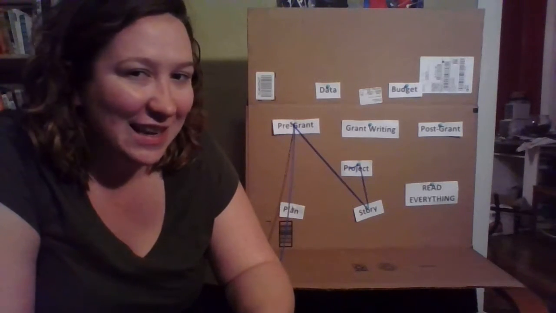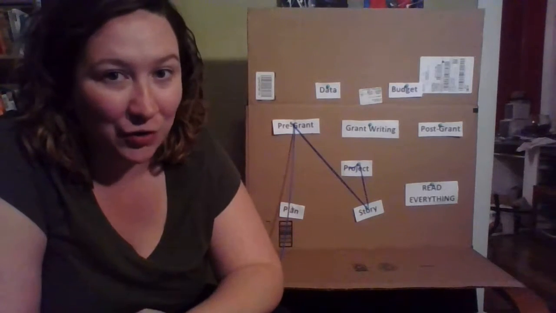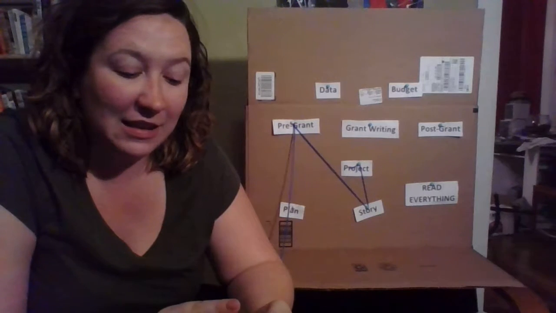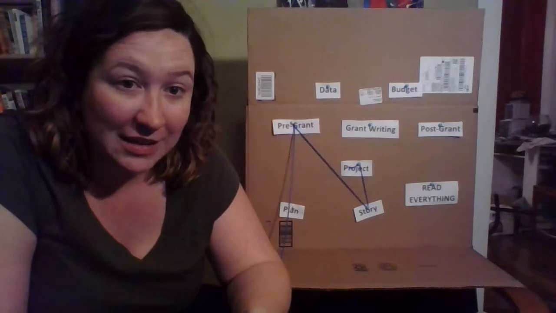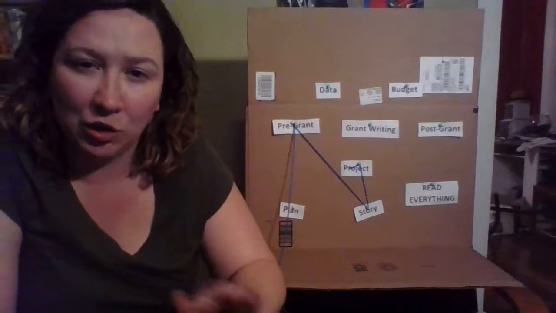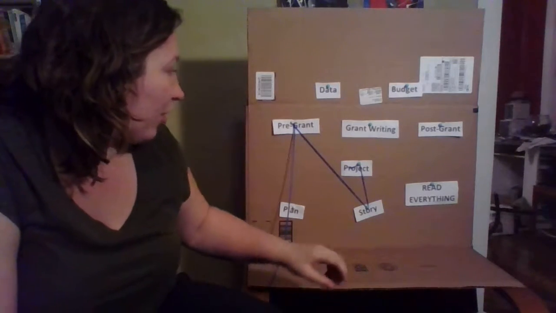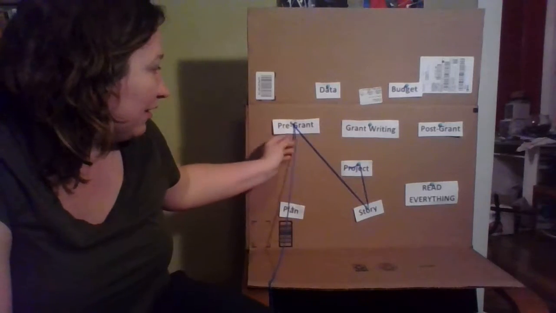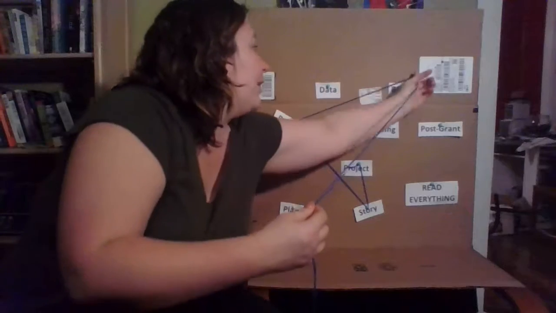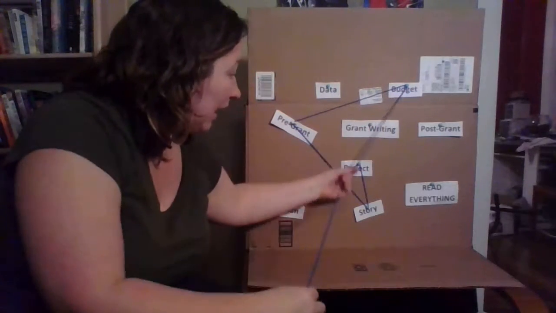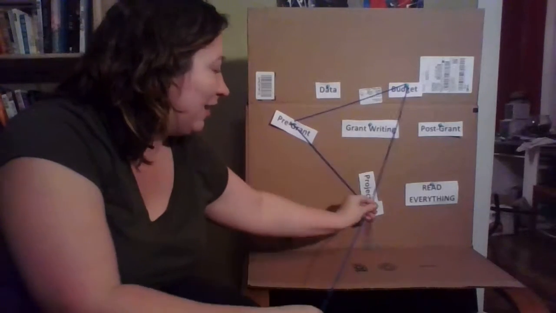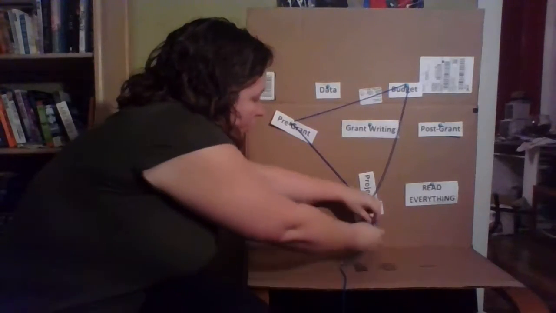So if the deadline's next Tuesday, that's probably not your grant. So make sure the budget's appropriate, that the timeline is appropriate, and that they want to solve the same problem that you want to solve. So make sure that their grant, or your grant, fits your budget and your story and your project. Whoop! There goes the project.